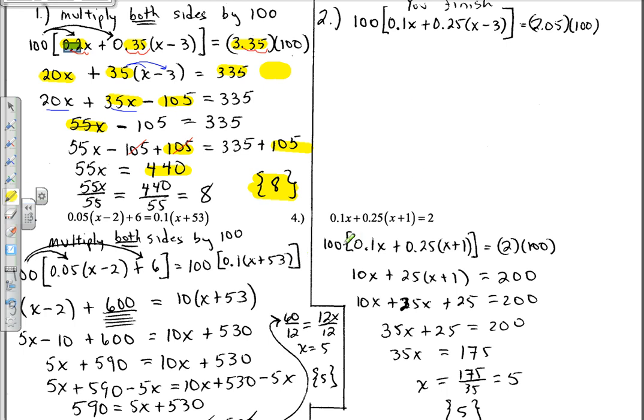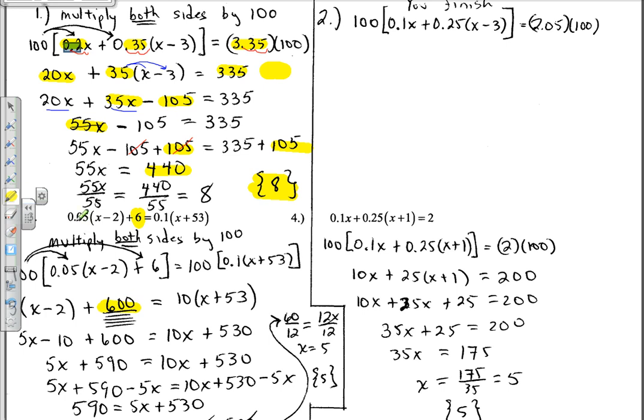The only thing that you have to be careful with, now look at this example number 3. Do you see this number? Where is it? Right here is not a decimal. But even though it's not a decimal, since I'm multiplying both sides by 100, that 6 also has to get multiplied by 100, which gives me 600 right here.